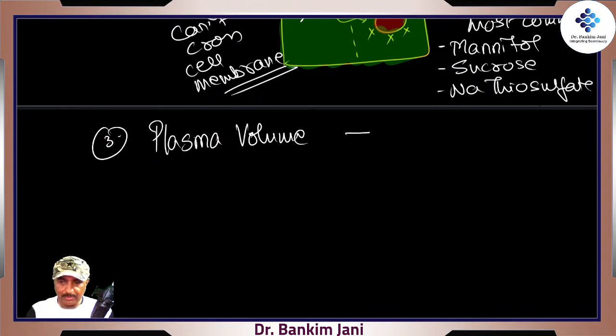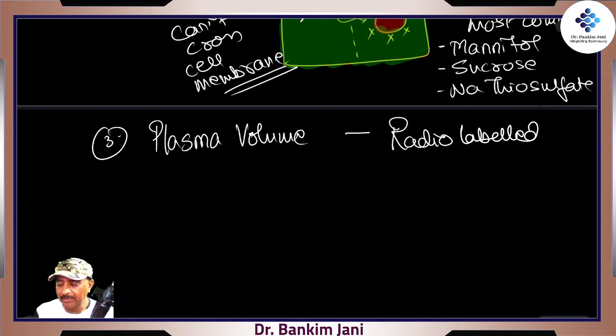Albumin is in the plasma. When it attaches to the albumin, you'll be able to judge how much is the plasma. Albumin is a protein, and the best is radiolabeled albumin. This is one of the very powerful systems.